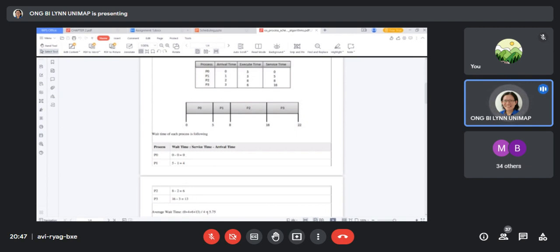So for the average time, you just add them together and divide by the 4 processes, and you get this one.